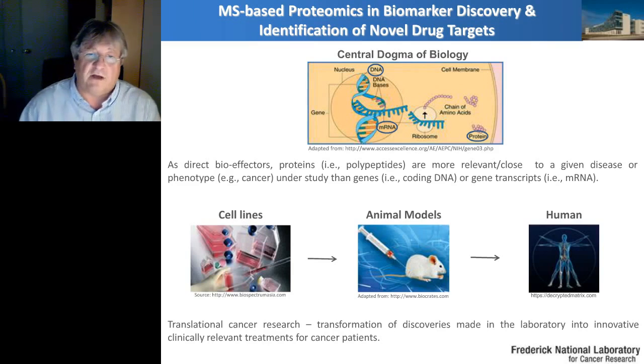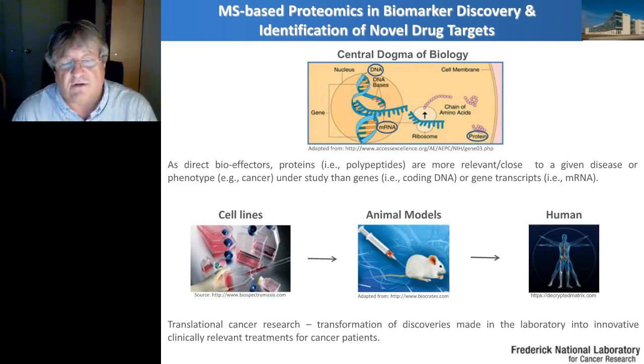Although I don't want to deny that it's important to know the genomic phenotype, the genes, still proteins are at the site of pathology, at the site of the tumor.